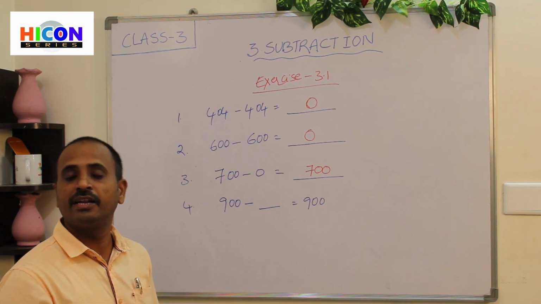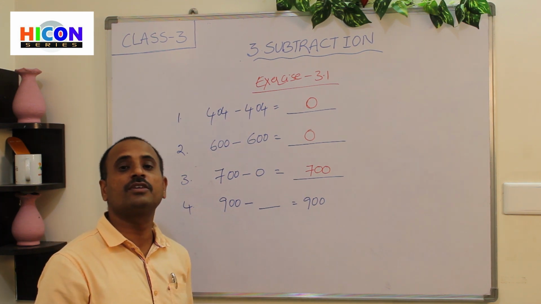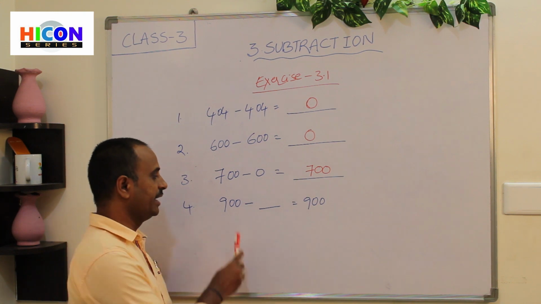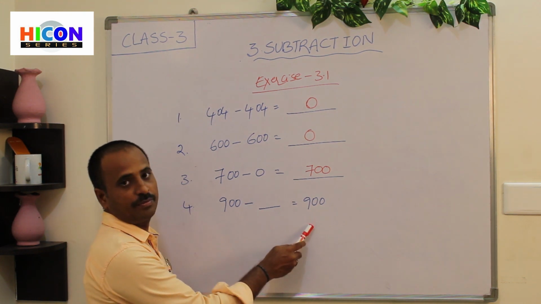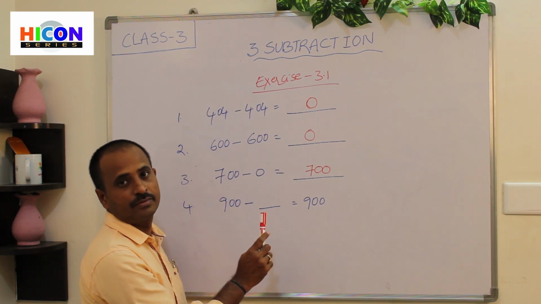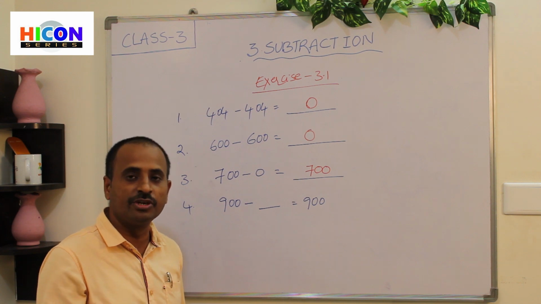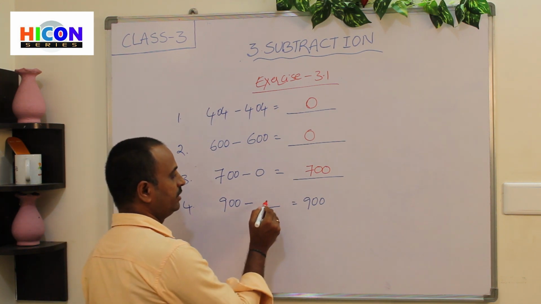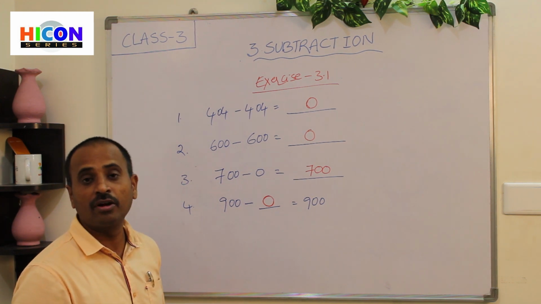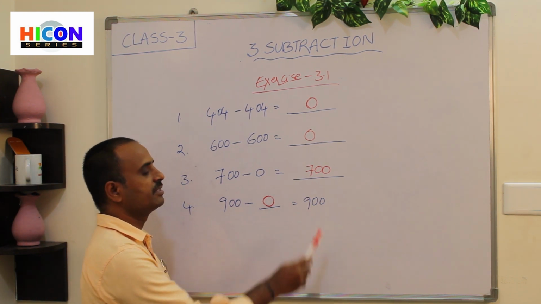According to the properties of subtraction, if we subtract 0 from any number, we will get the same number. So write 0 in this blank. The answer is 0, because if we subtract 0 from 900, again we will get the same number.